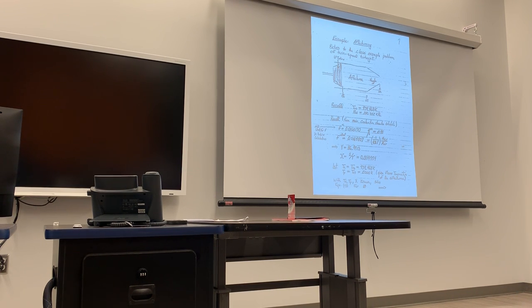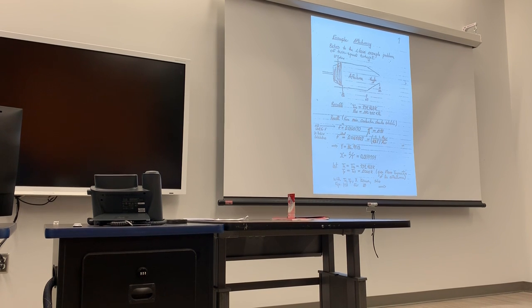Everything the same: same isentropic efficiencies, same fuel, same turbine inlet temperature, same flight conditions, except at the critical point we're going to add our afterburner. Is that clear? So here's our afterburner.